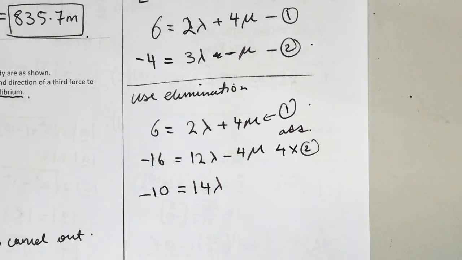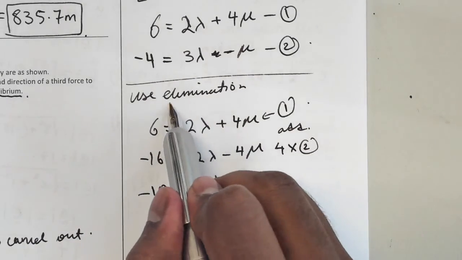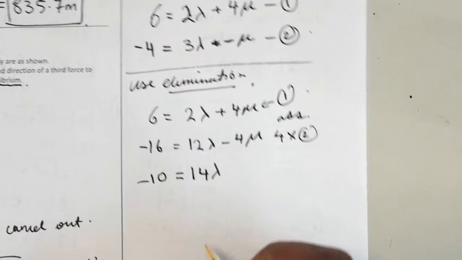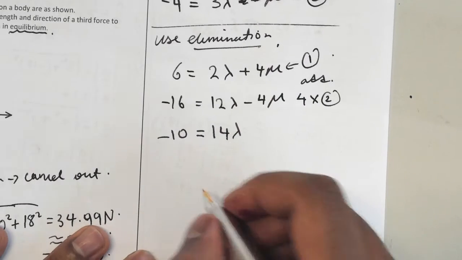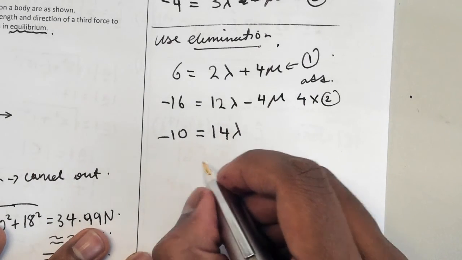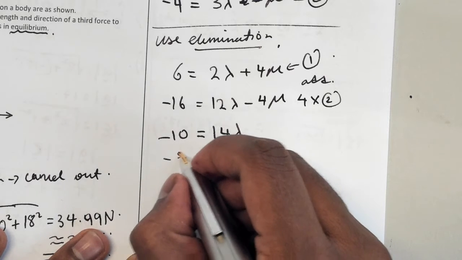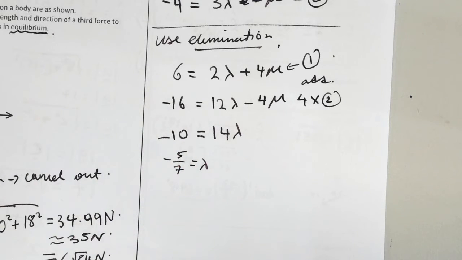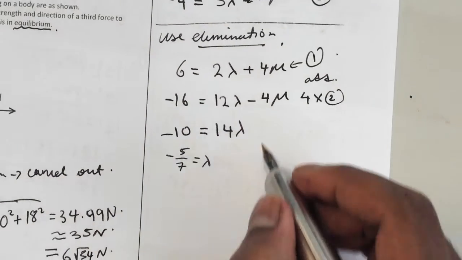Aha! We've already eliminated one of those variables, hence the use of elimination. Okay, so now we know lambda is going to be negative 5 over 7. That's our exact value. And then we just have to substitute it into any one of those to get mu.